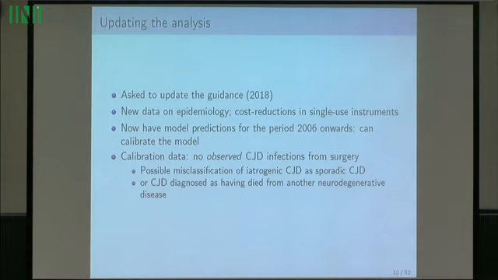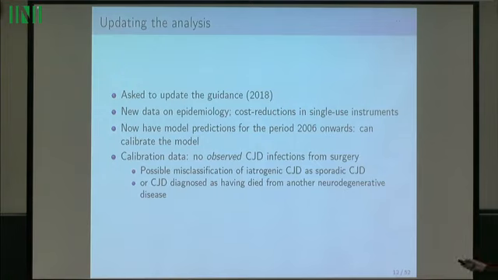So this is a bit odd. The calibration data, strictly, is that we haven't actually observed any infections in that period. So that's already pointing to the fact that probably you're not going to change your decision. But it is possible that you're just not detecting these cases. When we say iatrogenic CJD, that's CJD that is a result of a surgical infection.